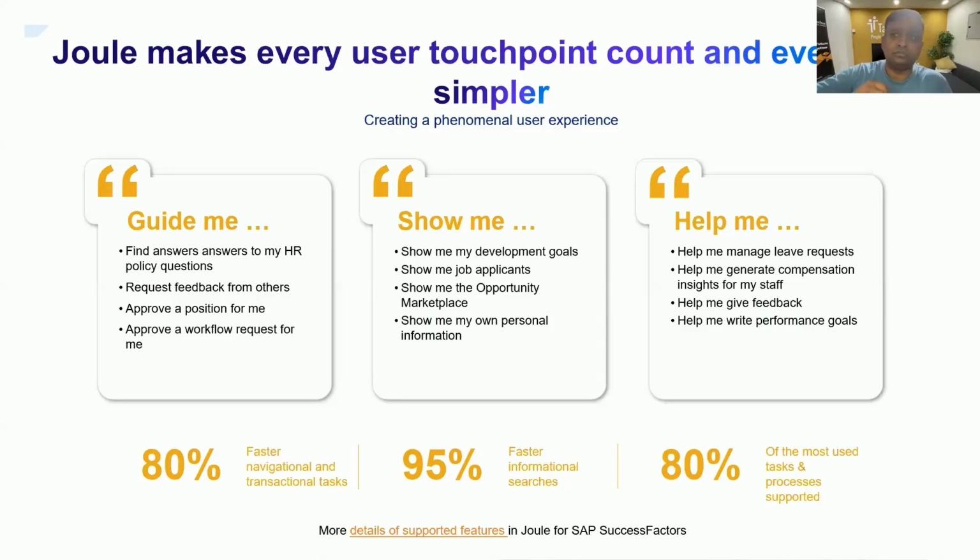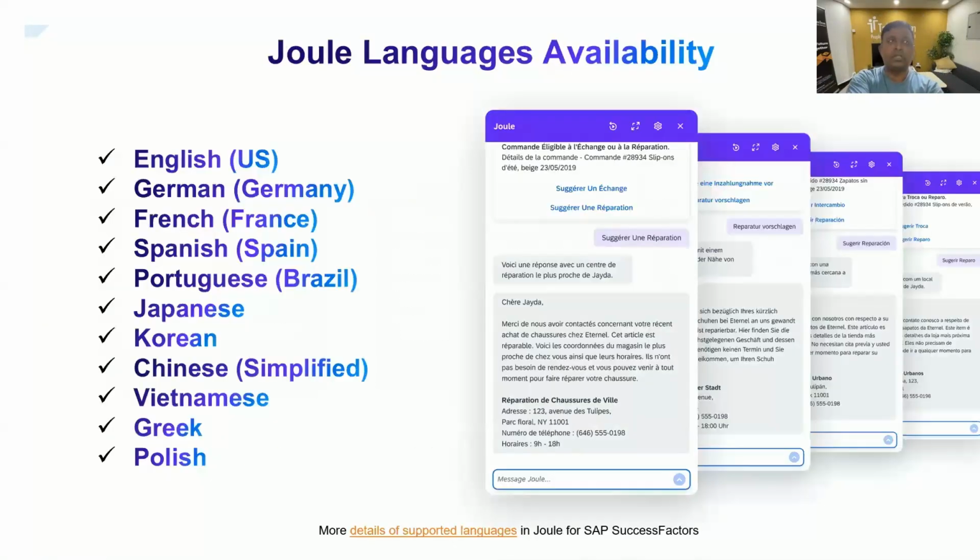Information could be related to the system, to the process, or to any of the policies that HR may have. And that's where this tool becomes really, really useful. Joule comes with about 11 languages right now as support, and you can interact with Joule using these 11 languages.